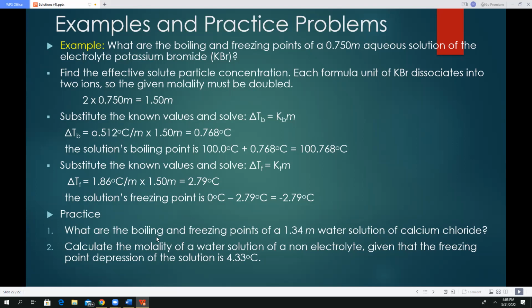So that is the increase, right? Yeah, boiling. So in this case, the boiling point is going to be 102.6. Let me see if that's what my answer is.